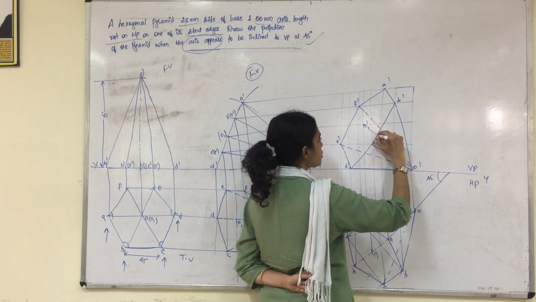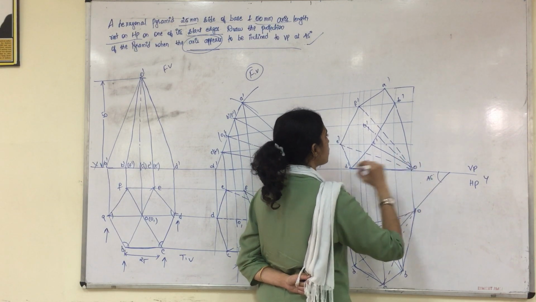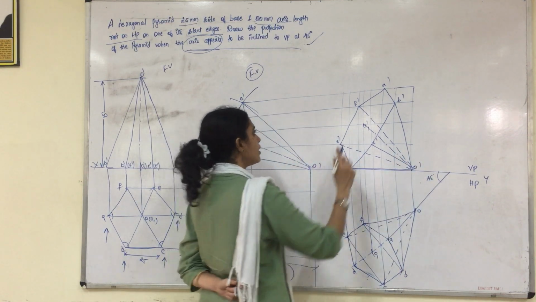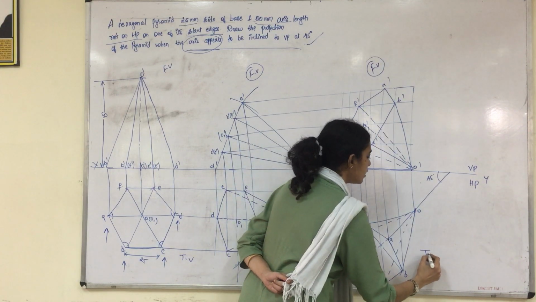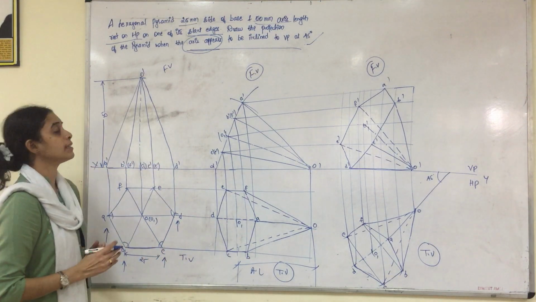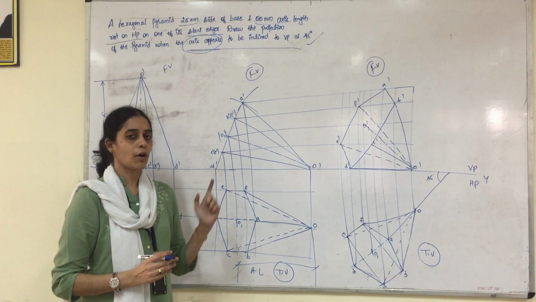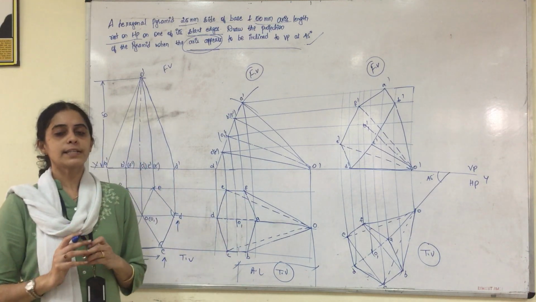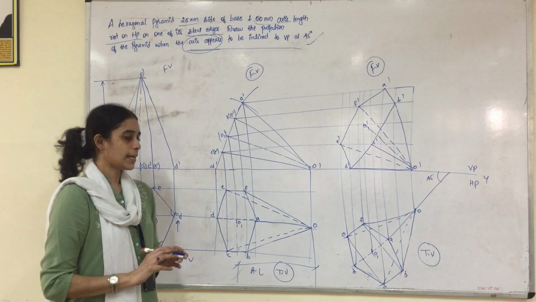So you kindly show the axis line. How does it look? Okay, so this is how the final front view and the top view looks like when it is a problem on hexagonal pyramid which is resting on one of its slant edge on HP and axis appearing to be inclined to VP. Thank you so much.